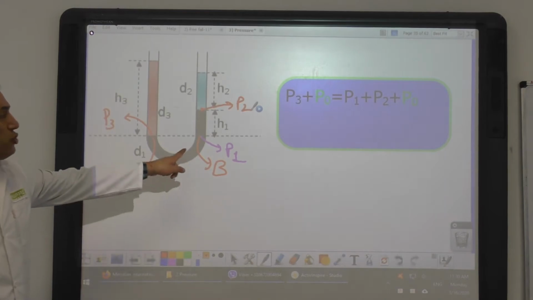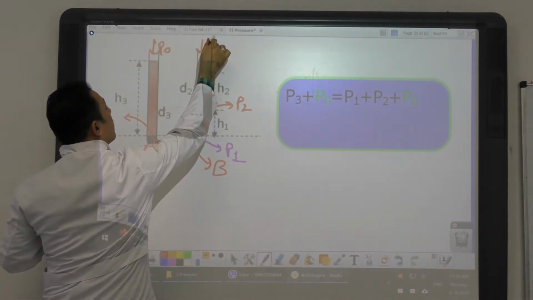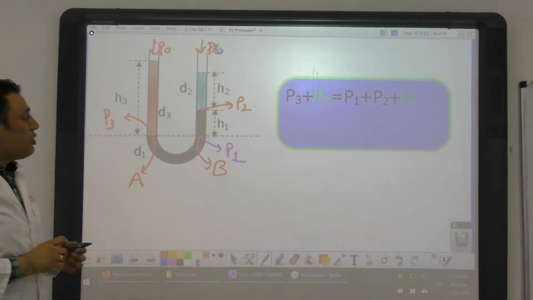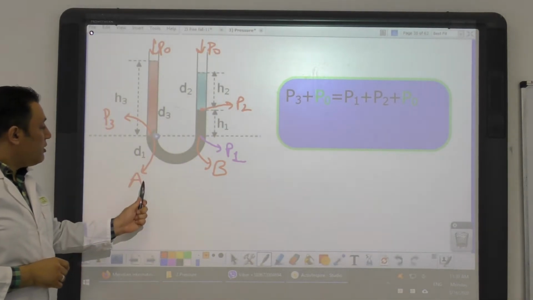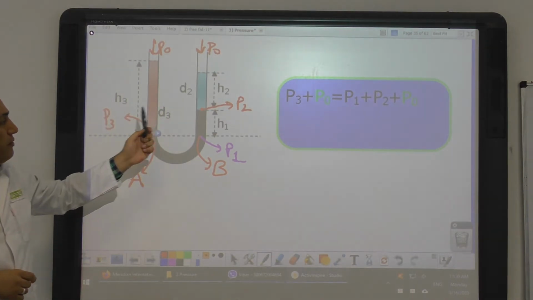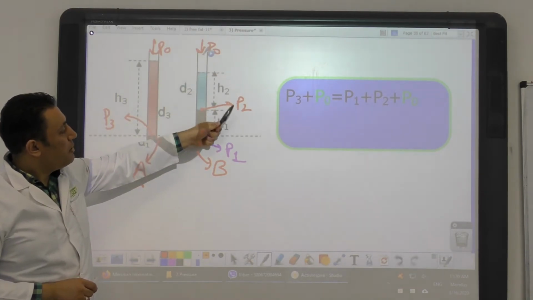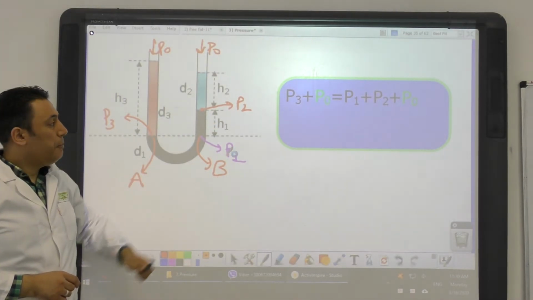Since both tubes are open, there is also air pressure acting on the liquid. So at point A, the pressures are P0 plus P3, and at point B, the pressures are P0 plus P2 plus P1.